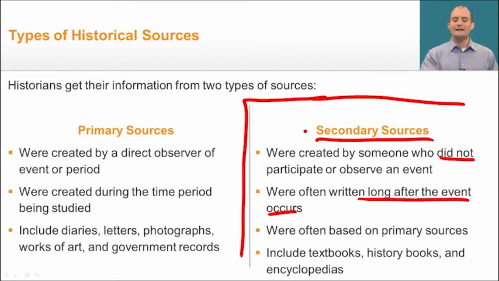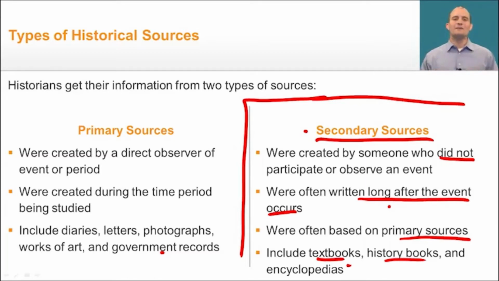That would be a secondary source because that person was obviously not there and it was written long after the event occurred. In addition, they were often based on primary sources. So the person writing about the Roman Empire may have been looking at ancient Roman government records to write their book. Examples of secondary sources include textbooks, history books, or encyclopedias.